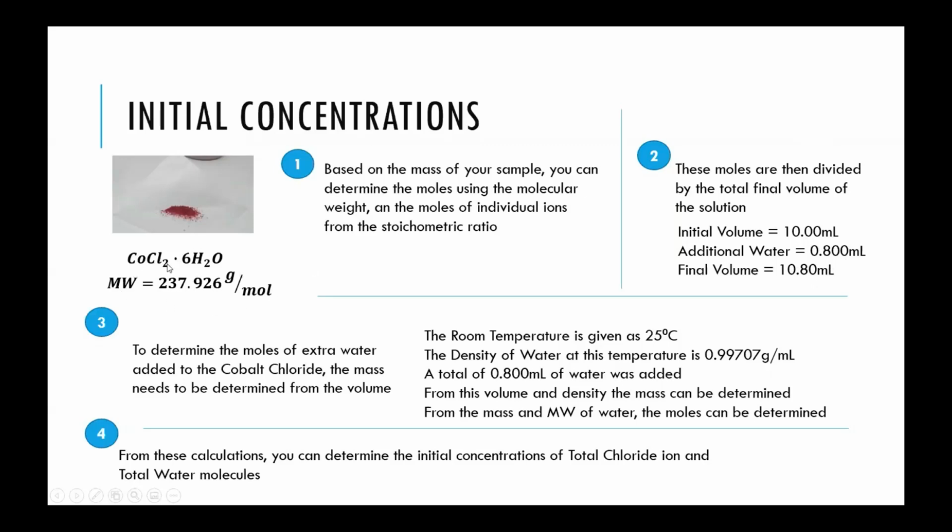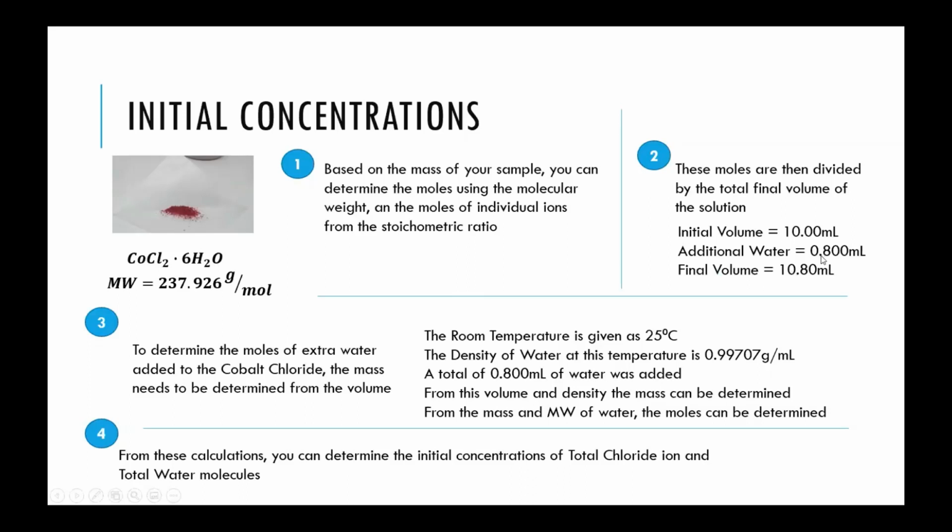So based on the mass of cobalt chloride, you can figure out the starting concentration of cobalt, the starting concentration of chloride, the starting concentration of water that comes from the cobalt chloride, and then you added water.